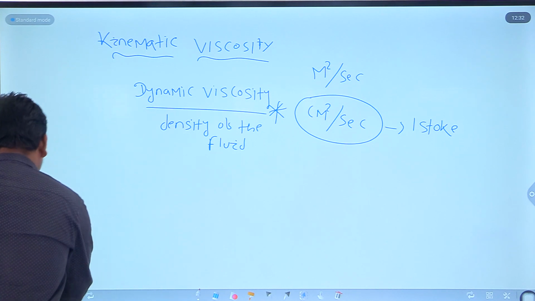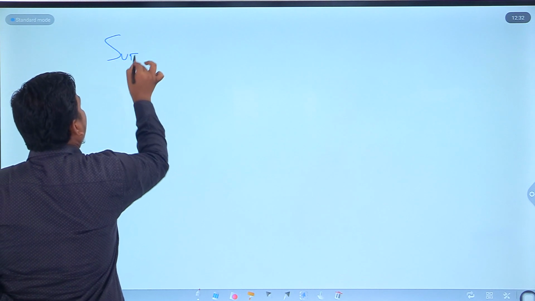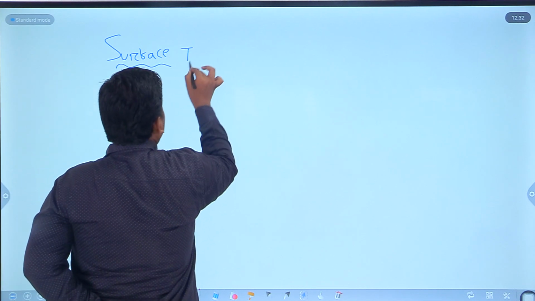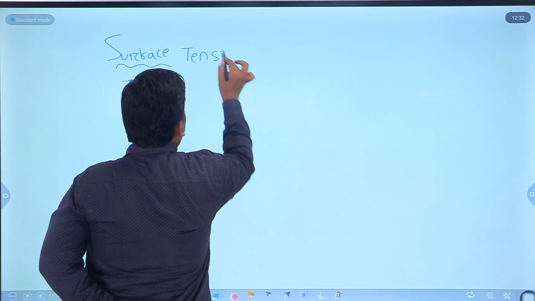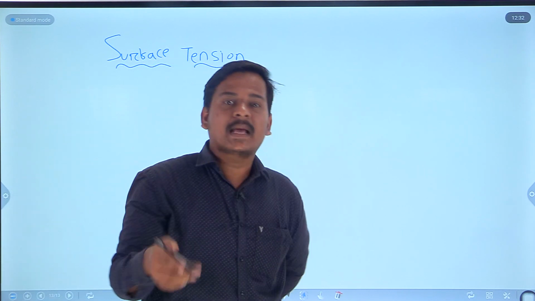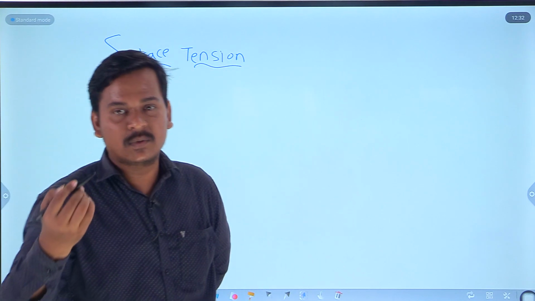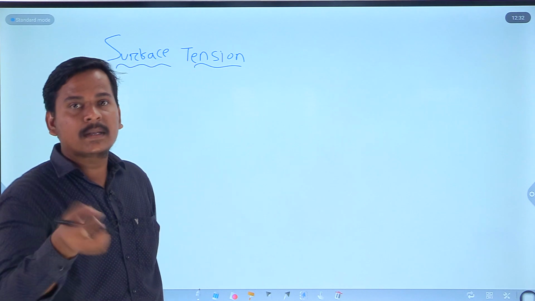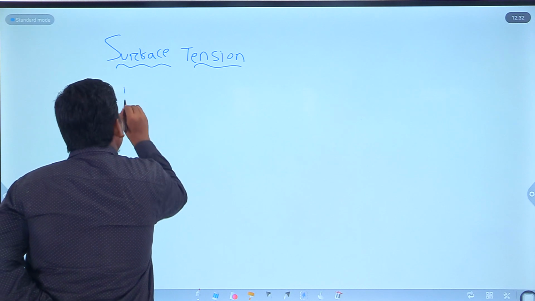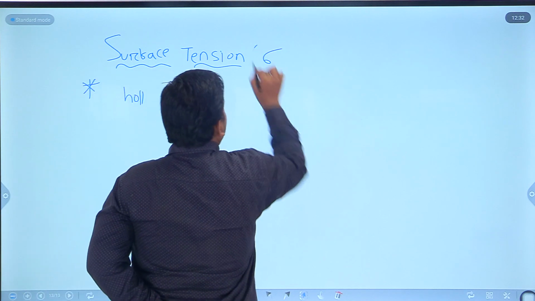Then comes surface tension. It is the tensile force acting on one layer of liquid to the adjacent layer of the liquid. For a hollow bubble, it is most important. It is denoted by sigma.